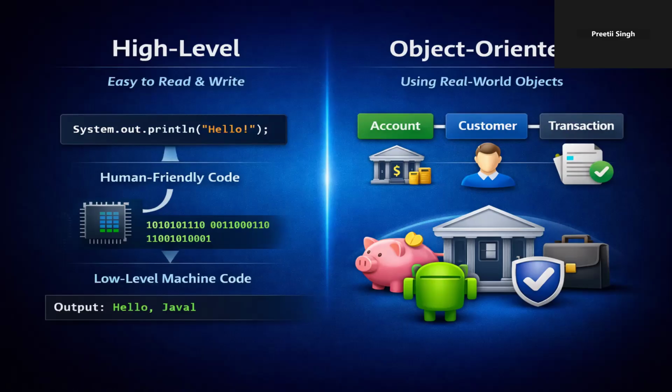Each object knows how to behave and interact with other objects. This approach makes Java programs organized, scalable, and easy to maintain. That's why Java is used everywhere, from mobile applications and web servers to banking and even space technologies.